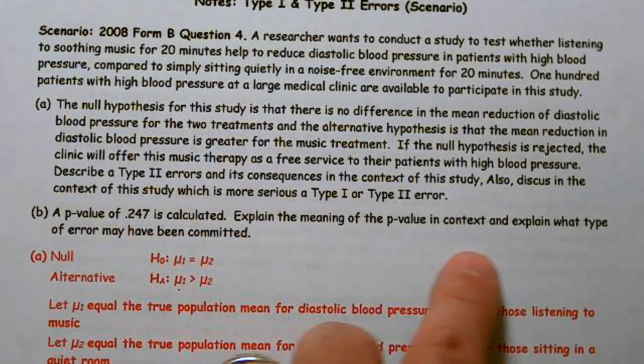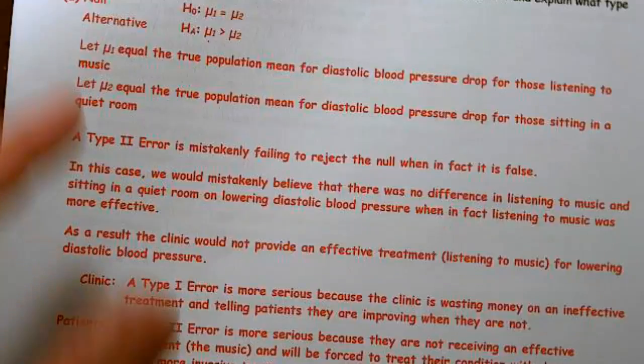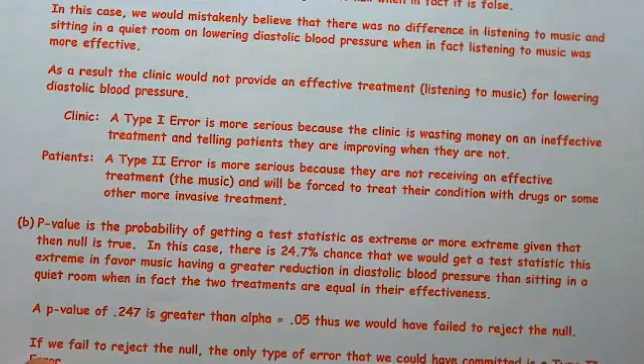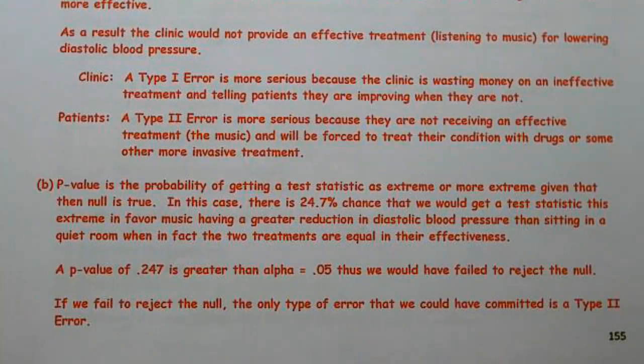Finally, a p-value of 0.247 is calculated. Explain the meaning of the p-value in context and explain what type of error may have been committed. So the p-value is the probability of getting a test statistic as extreme or more extreme, given that the null is true. Basically I just use the definition.